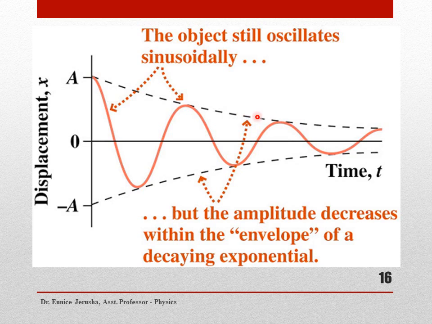This is the curve for a e power minus bt, and we have a similar curve below. This is the contribution from minus a e power minus bt. We also have the sinusoidal contribution. The sinusoidal contribution is observed to continuously keep decreasing in its amplitude and is always lying within the envelope of the decaying exponential.